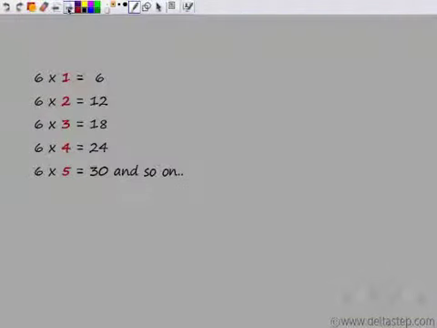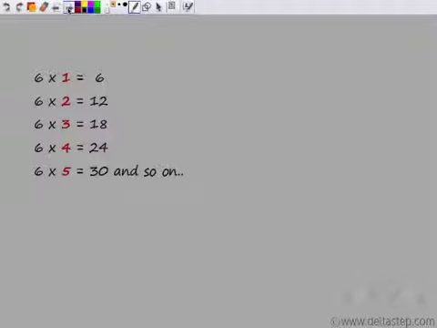So these are nothing but multiples of 6. If 6 is added 1 time, I can say 6 times 1, which is 6. 6 added 2 times, repeated addition gives me multiplication. So 6 multiplied by 2, which is 12, and so on. 6 times 3. So he gets 6 times 5, which was 30, and so on.